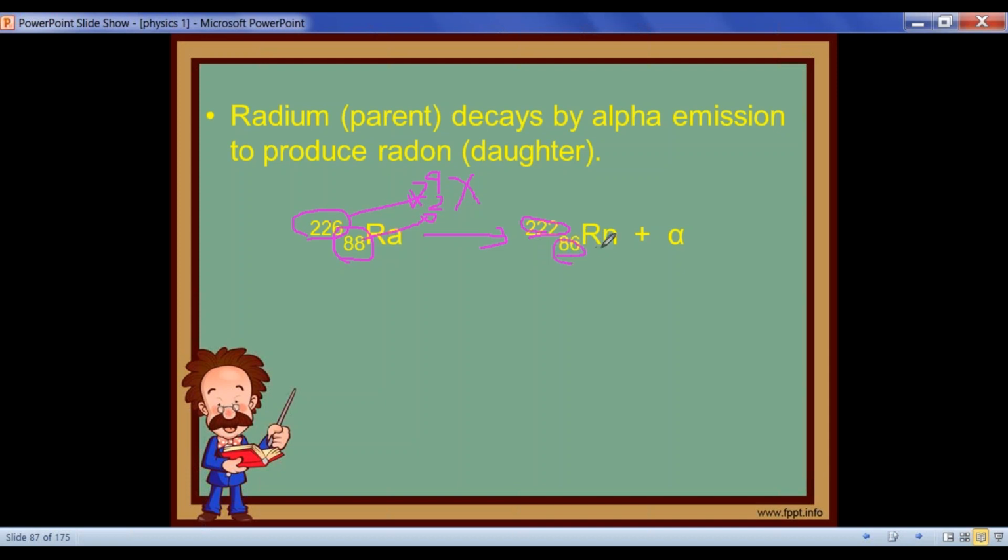So how are we going to identify what is the parent, what is the daughter element? Ito po yung parent natin, ito po yung daughter natin. When we come up with 86, we will check our periodic table of elements and see what is the element that has an atomic number of 86. Sabi nga natin kanina, bawat element has their own distinct, unique atomic number. So nag-iisa lang po ang element na may atomic number na 86. At yan po ay radon plus alpha particle which is emitted after the decay process.